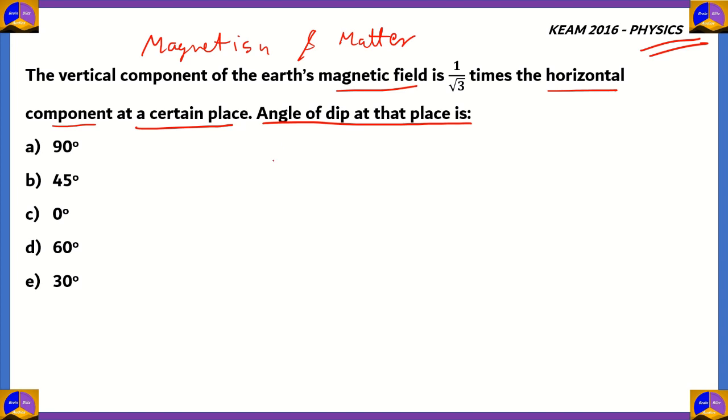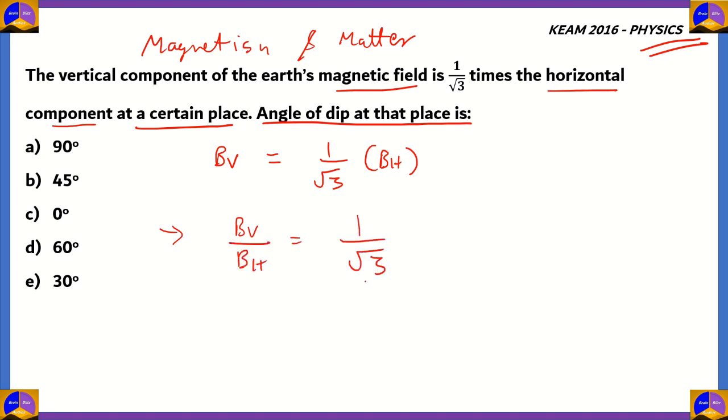So, in this particular scenario for magnetism and matter, we know that the vertical component of the Earth's magnetic field is 1 by root 3 times the horizontal component. So if we take the horizontal component to the left-hand side, it will be BV divided by BH, which is equal to 1 by root 3.